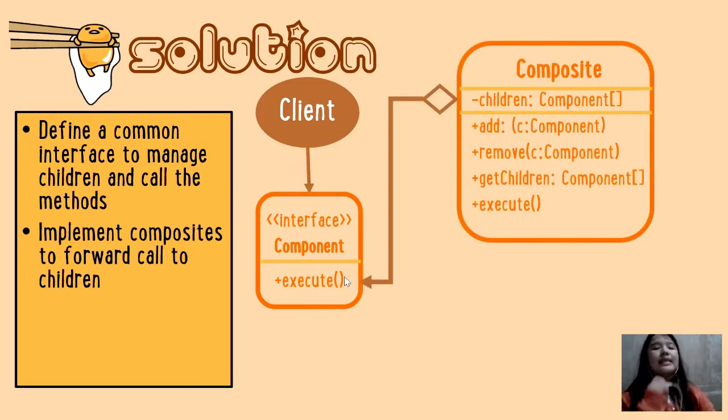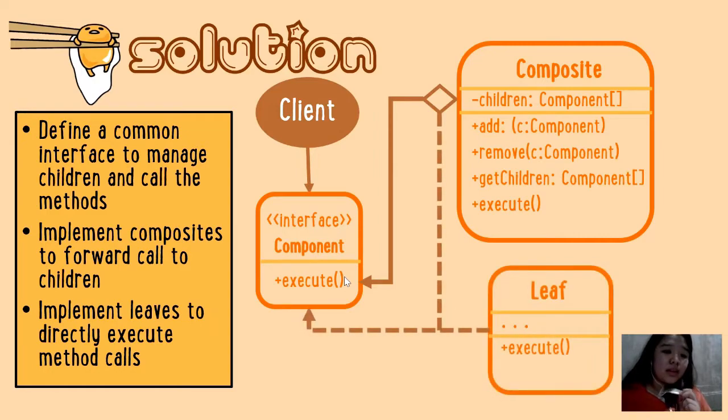The second bullet says that it should also implement composites to forward calls to children. So the interface is like the composite of all composites, and these composites are like mini managers that have subordinates to command. We will further understand that once we go to the leaf.